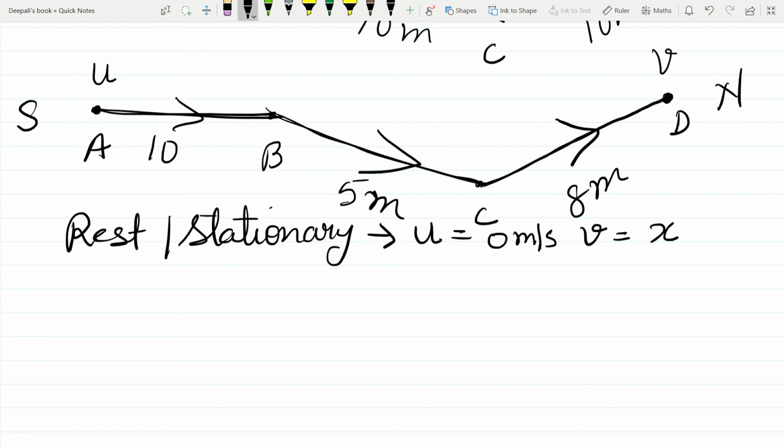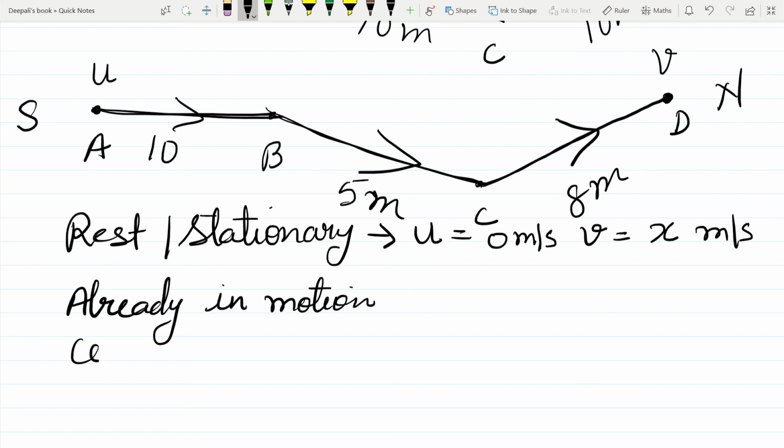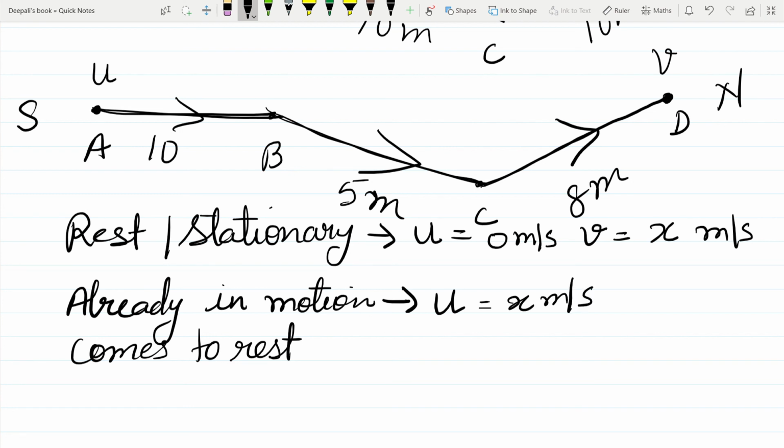Now, when the object is already in motion and comes to rest, at that moment u is x because it is already in motion, means it will have some speed or velocity when it is already in motion, and its final velocity because it comes to rest will always be 0.